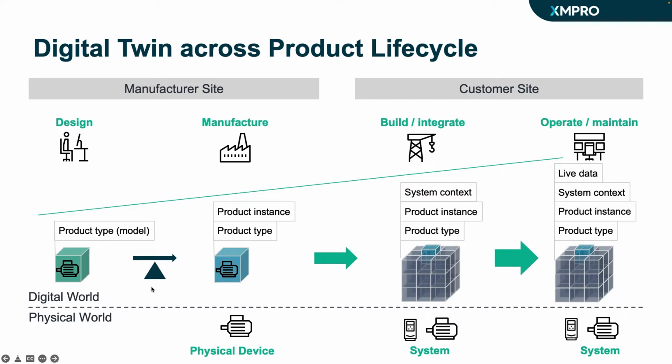When the decision is made to make that, so I can get a serial number or allocate some unique identifier to it, and then start populating the model with some real-time information around the design, manufacturing, or whatever it is, that's when the twin is instantiated, and now I'm starting to create a physical device. As you can see now, we have an instance and we have the type. And as we start putting this together in a larger system or system of systems even, we start putting system context to it.